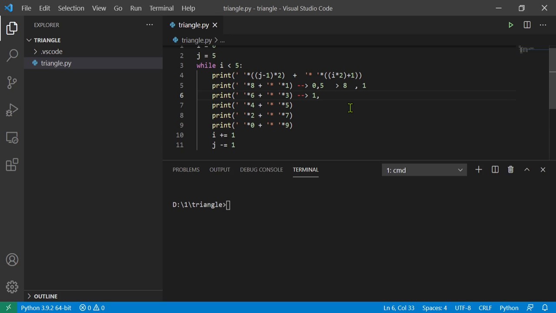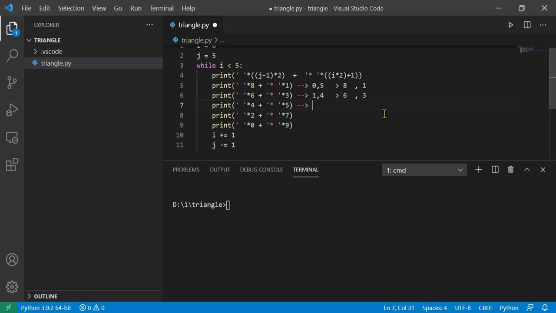So after the first iteration, the j value is 4, which is going to give us the result for spaces 4 minus 1, 3 into 2, which is going to give us 6, and the i value is 1 here, 1 into 2, 2 plus 1, which is going to give us 3.